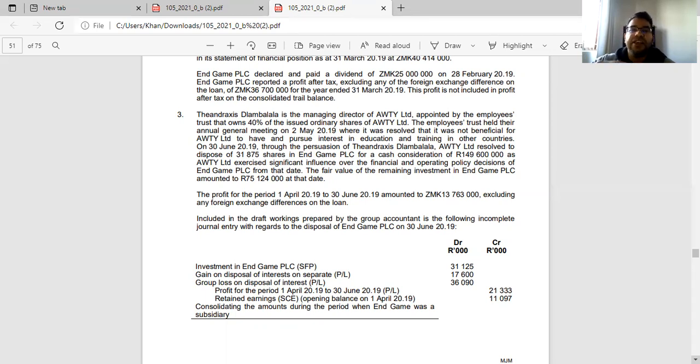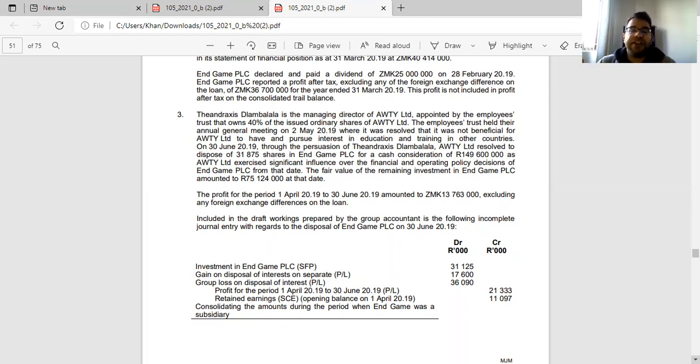Reclassify just means you can move it from OCI to profit or loss. The gain or loss on the revaluation on PPE is one of those that may not be reclassified. That is why when you dispose of land, you don't move the OCI from OCI to profit or loss. You can't, because it is classified as an item that may not be reclassified.